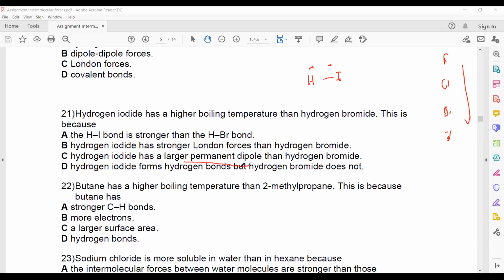That option is wrong. So the answer: hydrogen iodide has stronger London forces than hydrogen bromide. When there are molecules, they have electrons, so they have London forces as well. London forces exist in all molecules and increase as the number of electrons increases.